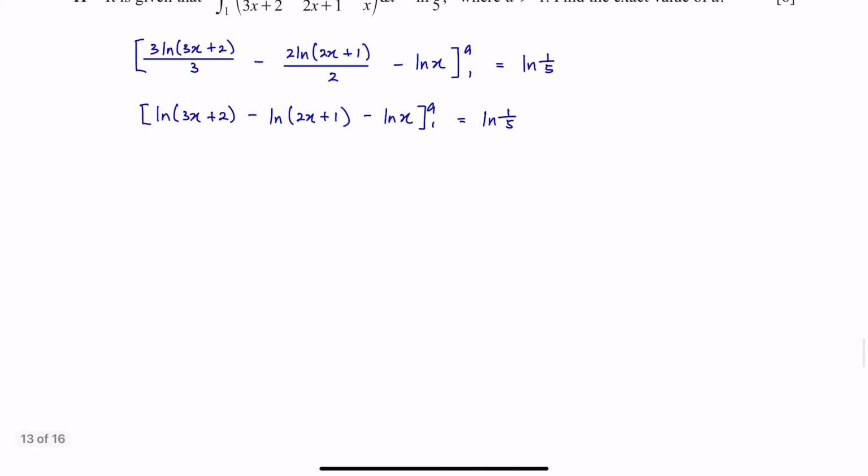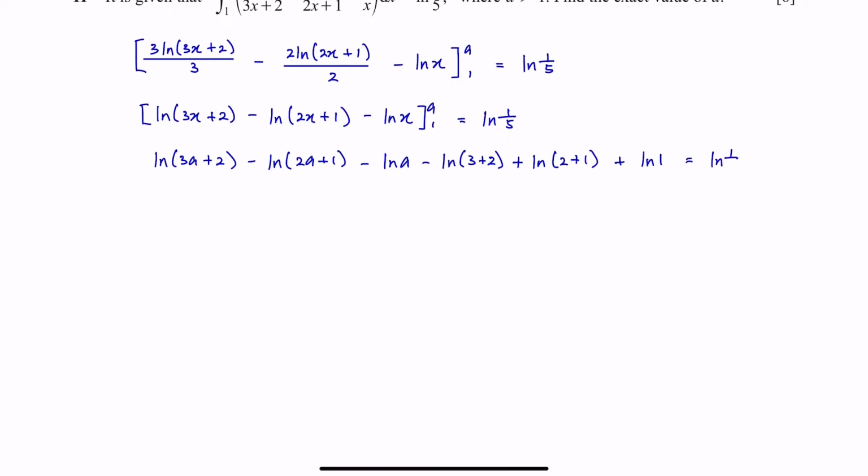So we sub a and 1 into this expression, and we would get ln of 3a plus 2 minus ln of 2a plus 1 minus ln a minus ln 3 plus 2 plus ln 2 plus 1 plus ln 1 equals ln 1 over 5.